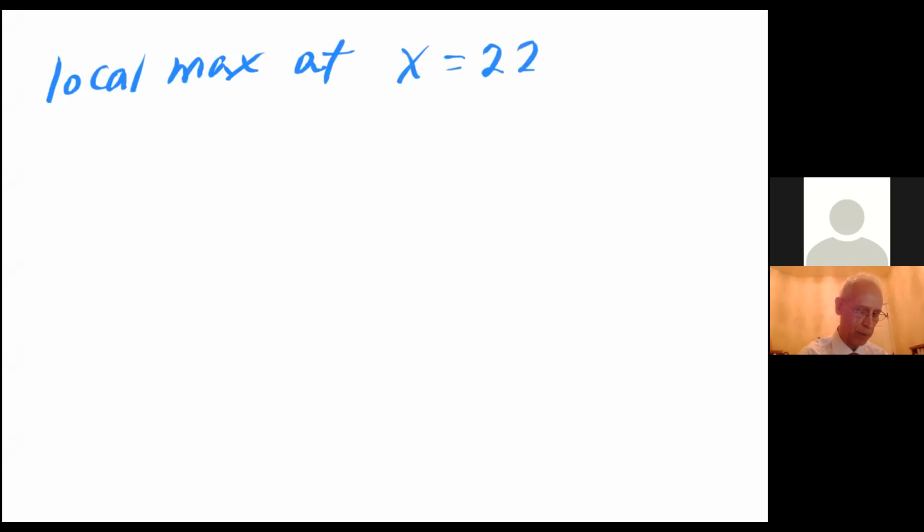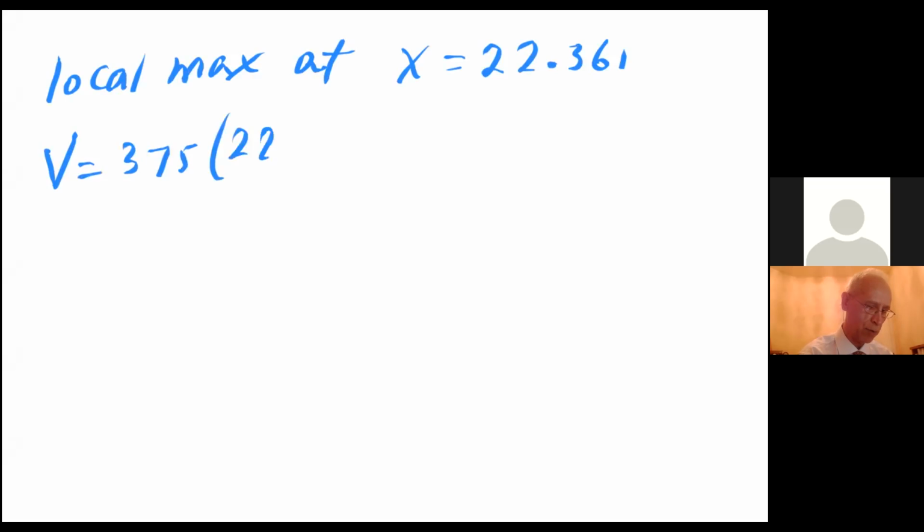Okay. So now that we know that we have a local max at x equals 22.361.